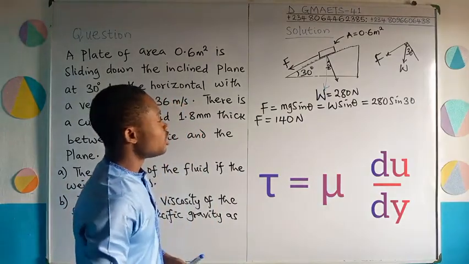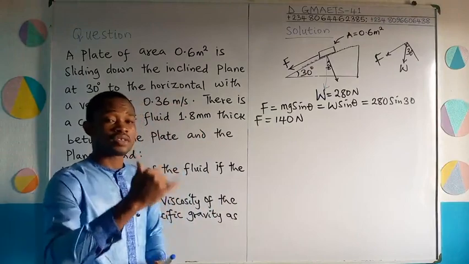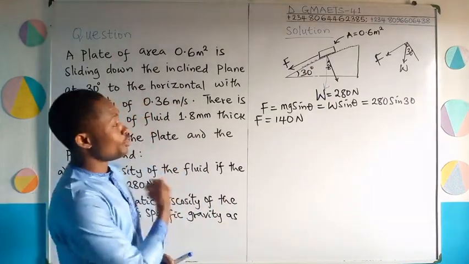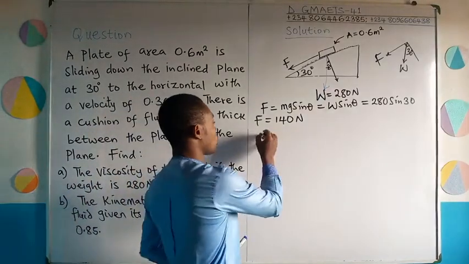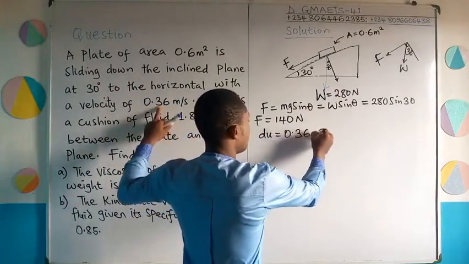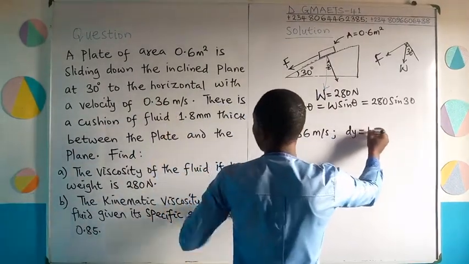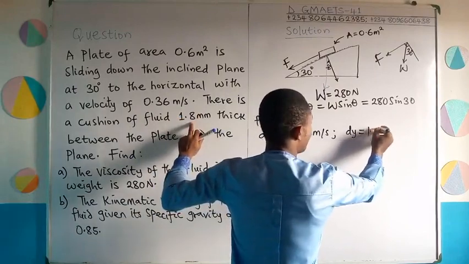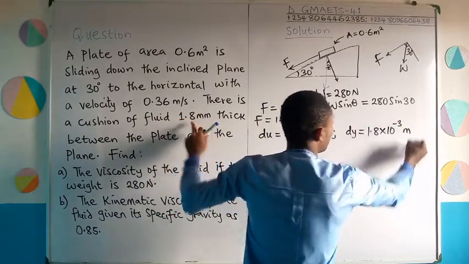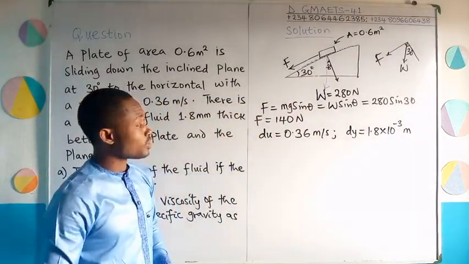Okay, let us move on, knowing that the formula will contain our force, area, and then du dy. We know u already. The velocity is given in the question, du is 0.36 meter per second, and of course the thickness dy is 1.8 millimeter. We can convert it to meter by multiplying by 10 raised to the power minus 3, or simply 1.8 divided by 1000.